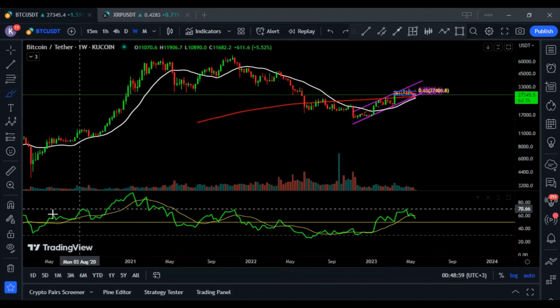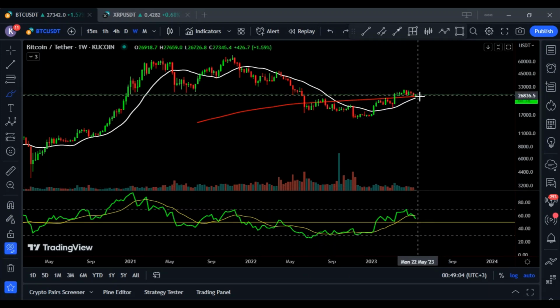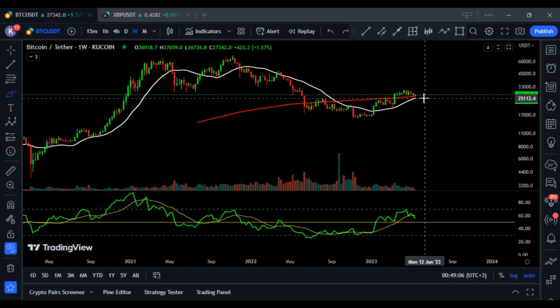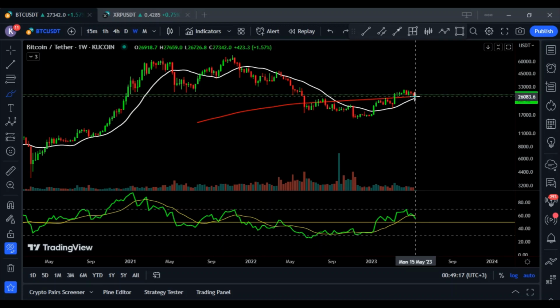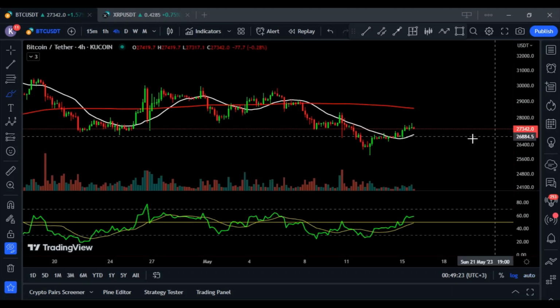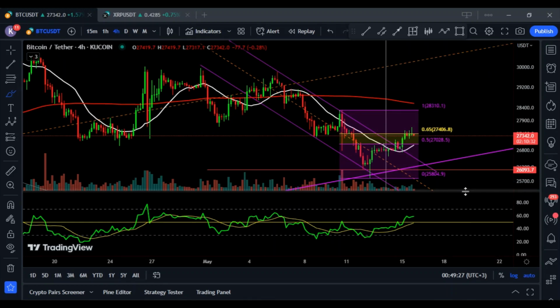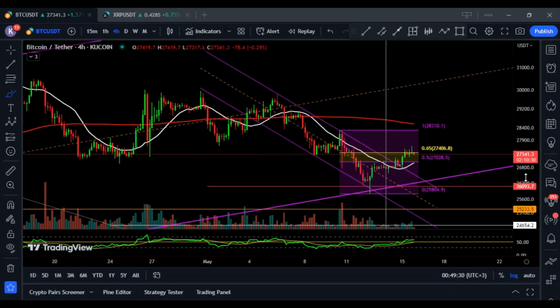So yeah, we're gonna wait for that, but bear in mind on the weekly, the 20-week moving average is at 25,300 if you can see it currently, and that would only make sense, right? Coming back, retesting this 20-week moving average, wicking down to it, 25,300. Let's go back on the 4-hourly. Let's move this down and do this again.